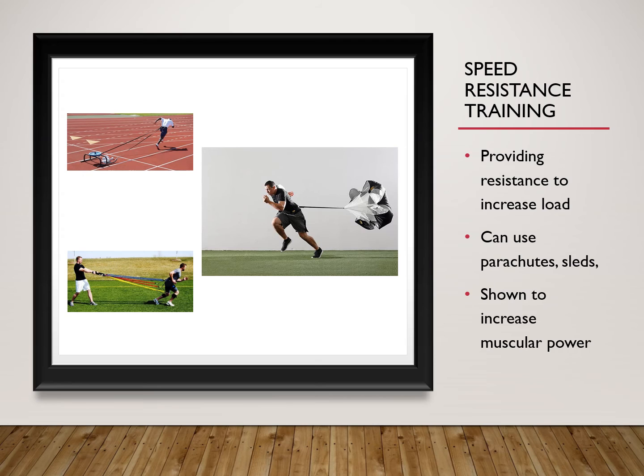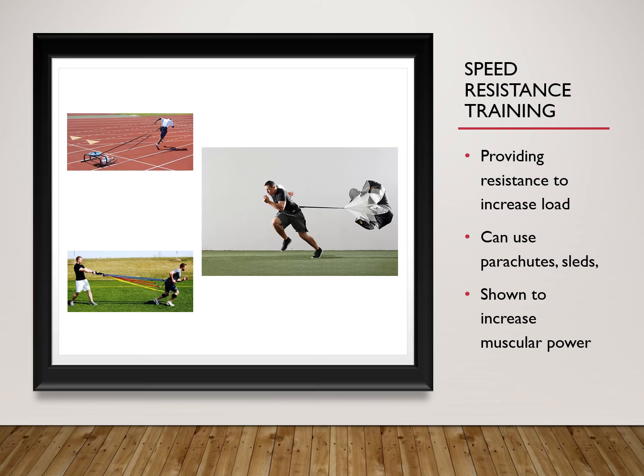And so when we start to add resistance through things like parachutes or sleds or bands, typically this would start to increase the overall ground contact time. So we end up with a slightly higher overall force being developed during that ground contact time, which again is strongly linked to acceleration characteristics. So if we remember back to our speed and acceleration sessions, acceleration is characterized by slightly longer ground contact times, therefore slightly greater absolute force.